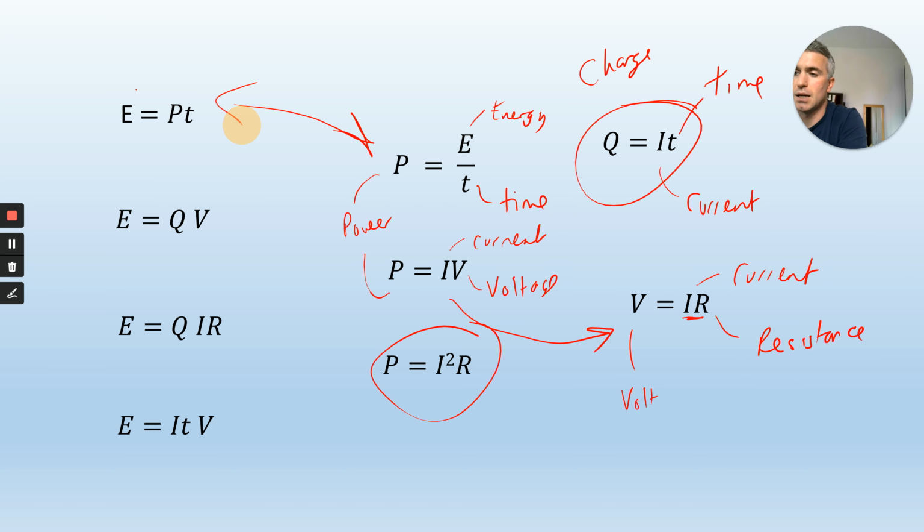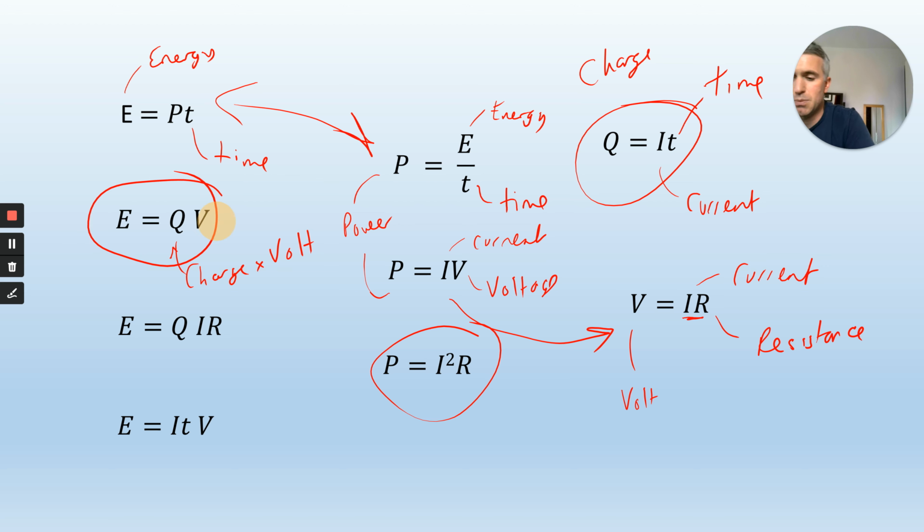E, energy, is power times time. But also, energy is Q, which is charge, times volt. And this one actually is probably the important one we need today.